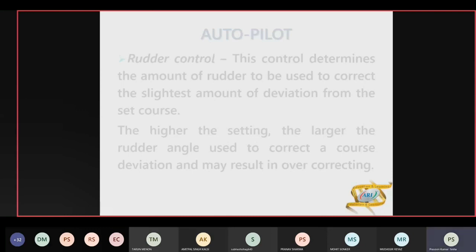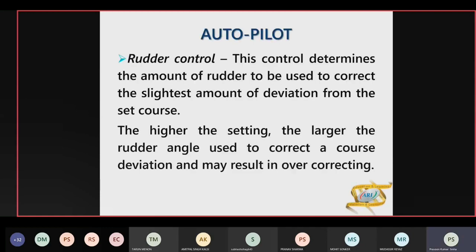Should I apply a hard port, hard starboard for slight change in the heading? No. For this small change, I should apply only, let us say, 3 degrees of rudder, because it is just shifting from the heading. तो 3-4 डिग्री का दे दिया, 5 डिग्री मान लो, 5 डिग्री दे दिया, बहुत है.